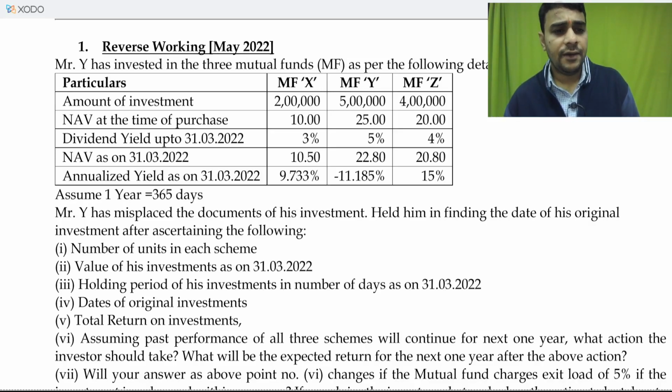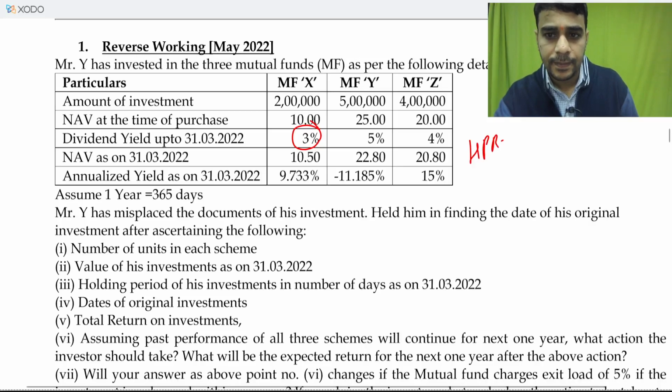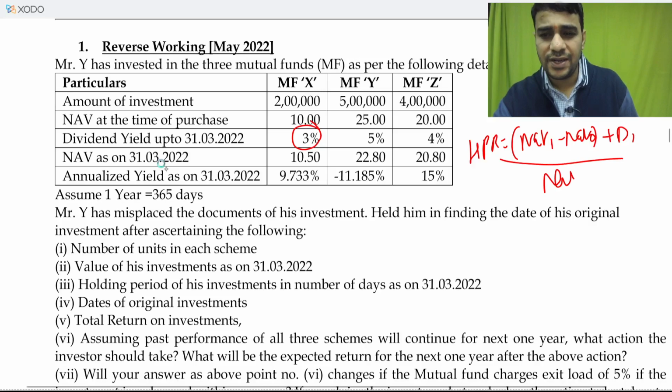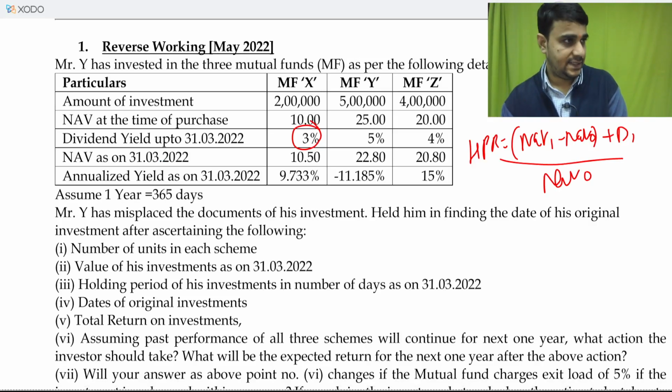Okay, they have used the word dividend yield. I said holding period return is NAV1 minus NAV0 plus D1 divided by NAV0. CG1 is the same, okay? NAV1 minus NAV0 is capital gain. Capital gain divided by NAV0 is capital gain percentage.